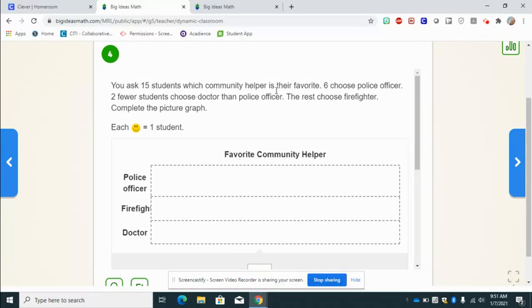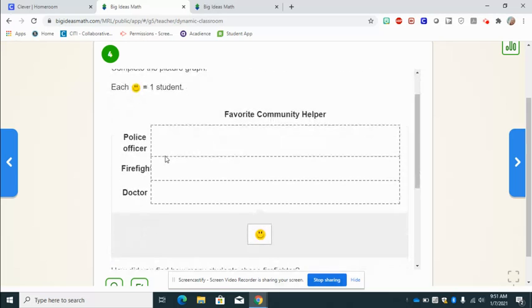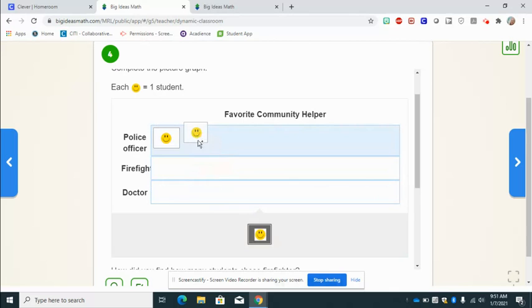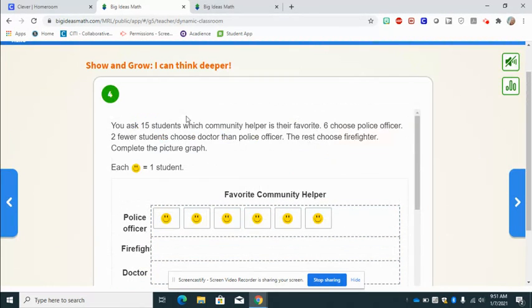So we're going to start with what we know. We know that 6 choose police officer. So we're going to make 6 smiley faces beside police officer. 1, 2, 3, 4, 5, 6. Okay, and some other information that we see is that 2 fewer students choose doctor than police officer.